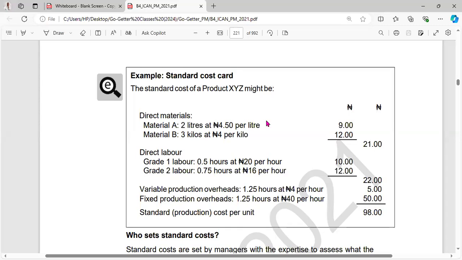So they now look at it. If one bag gives us 100 loaves, how many kilos or liters would it have given us, if we spend this amount of naira in one bag?